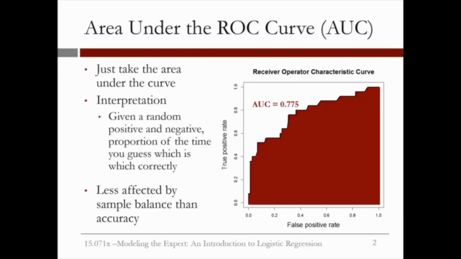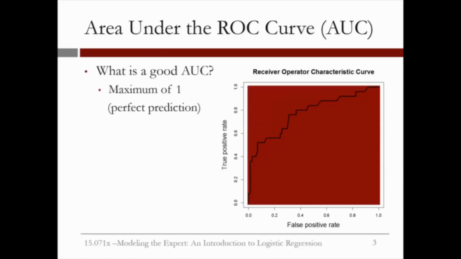50% rate of success. So the area under the curve gives an absolute measure of quality, and it's less affected by various benchmarks. So it illustrates how accurate the model is in a more absolute sense.